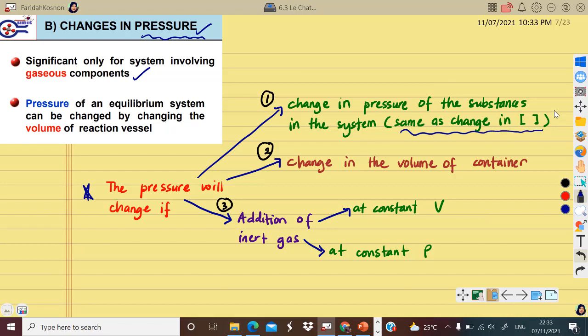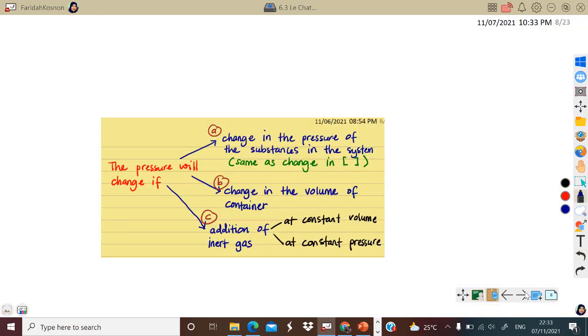Okay, atau change in volume of container, kita ubah volume bekas, ataupun pressure will change if addition of inert gas berlaku at constant volume ataupun constant pressure. Okay, kita lihat yang pertama.